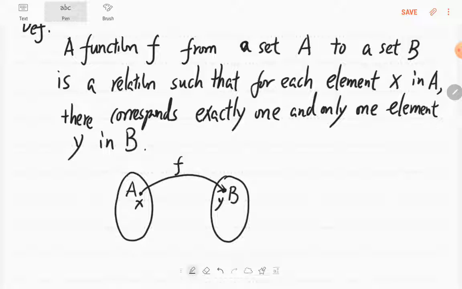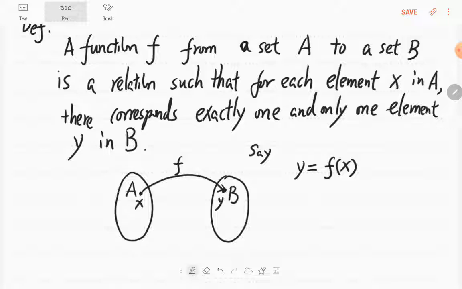We often use this equation to denote the function, that is, y is equal to f of x. We say y equals f of x.